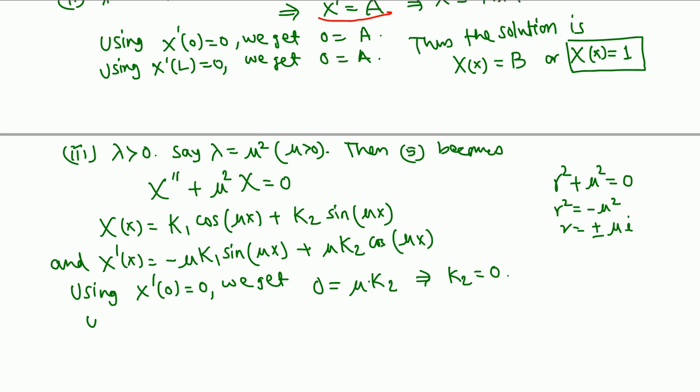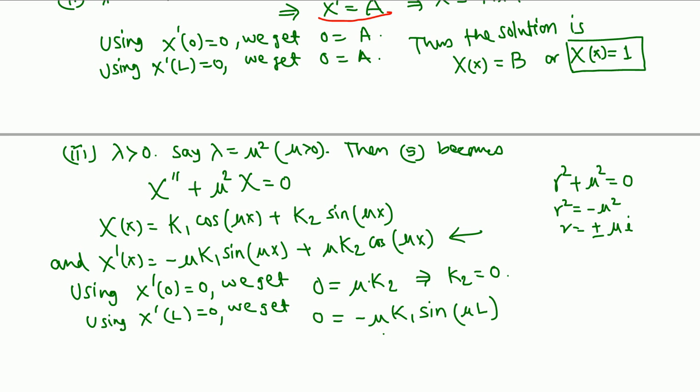And using this second boundary condition, which is x prime at the other end L equals 0, we get, so we are using this, okay, so this is 0 equals, k2 is 0, so we don't have to consider the second part, just the first part, minus mu k1 sine mu L. Okay, mu is positive, so we got a product of three things equal to 0.